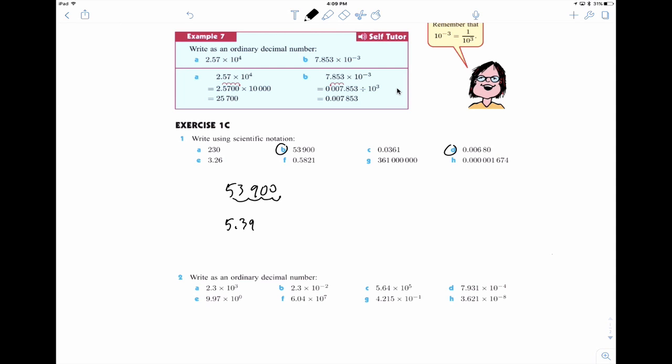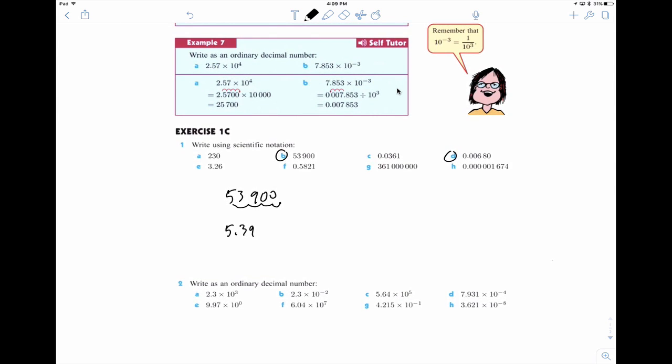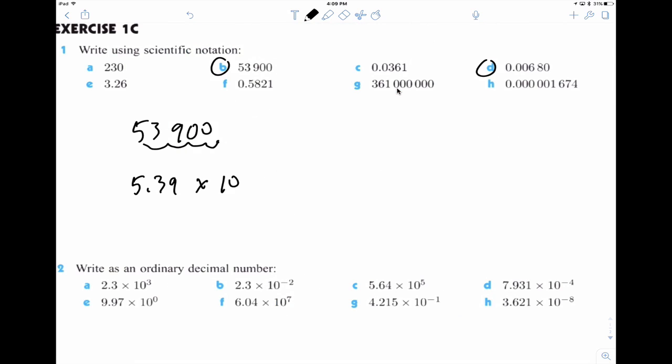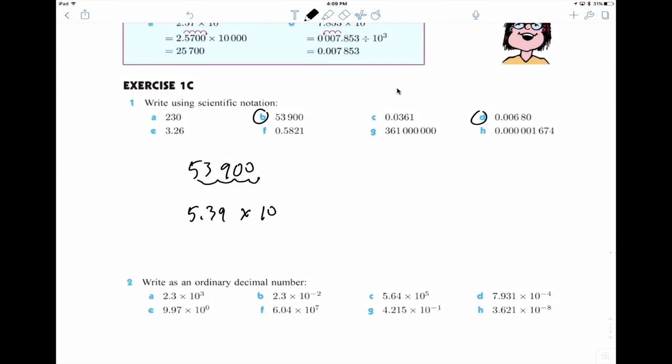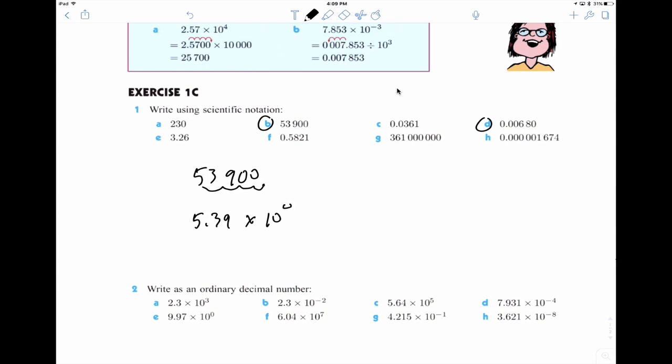We don't have to write the 00 because the 00 will no longer be significant digits when we express this in scientific notation. A little bit more on that later too. So 5.39 times 10 to the power of the number of places that we moved. We moved 4. So there we go, 4. That is 53,900 expressed in scientific notation.